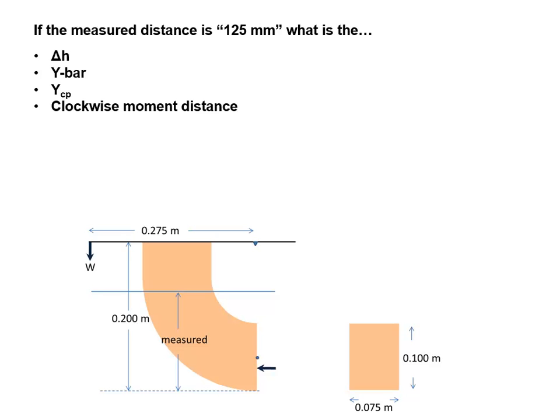If the measured depth is 125 millimeters, we've got that bar that the annulus is installed on. And 125 millimeters, what that means in this case is that the water surface is going to be above the top edge of that.